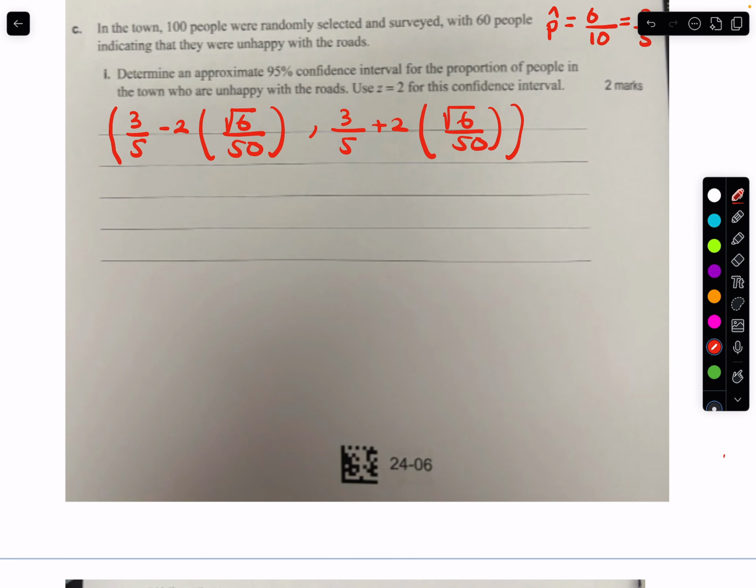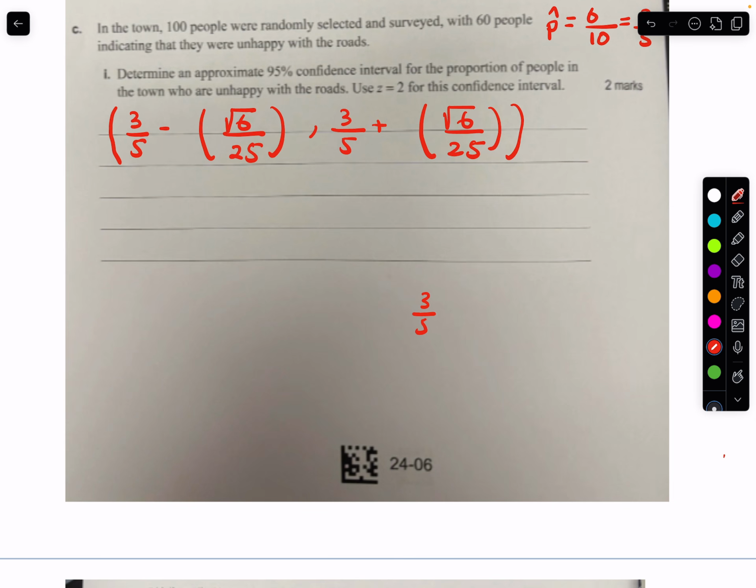Now, what's going to happen is this 2 goes into that 50 twenty-five times. So that part here you can write as 25. And the same with the other case. So it's just 3 over 5 minus root 6 over 25, which becomes what?